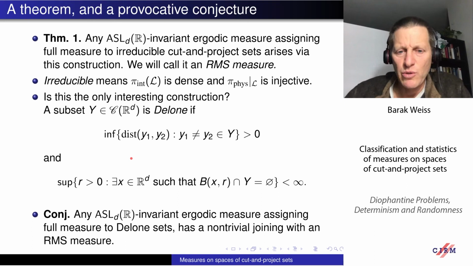What you can do is take a measure that's constructed as in my previous slide, and then randomly, in a smart way, add more points without destroying this uniform discreteness property, and without destroying the invariance and ergodicity under ASL_d. So that can be done, but that's somehow cheating.